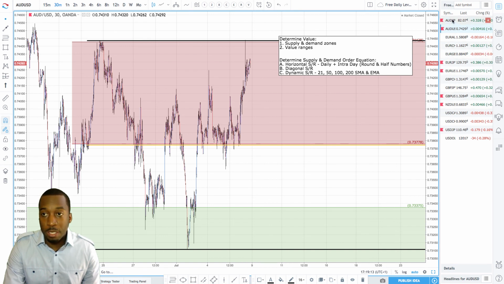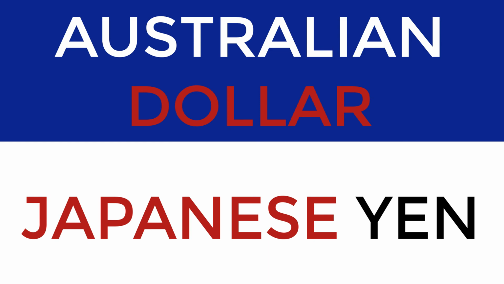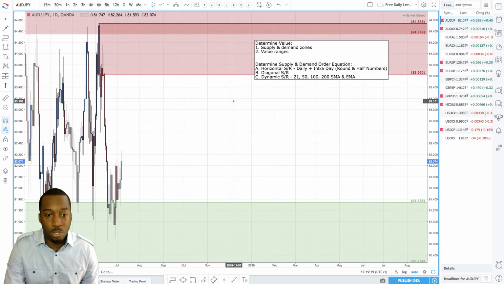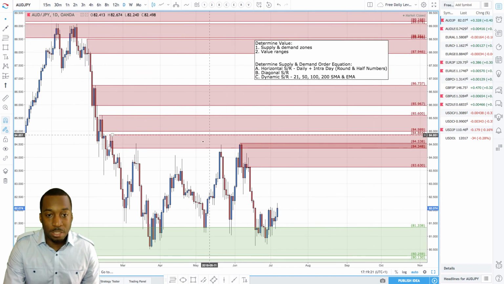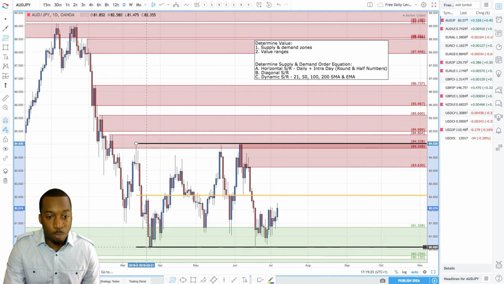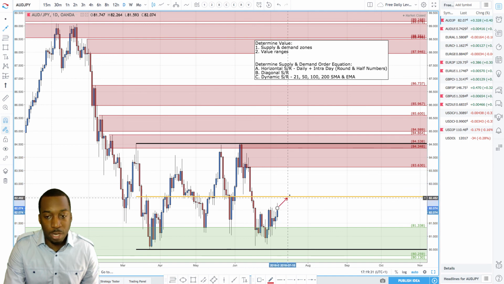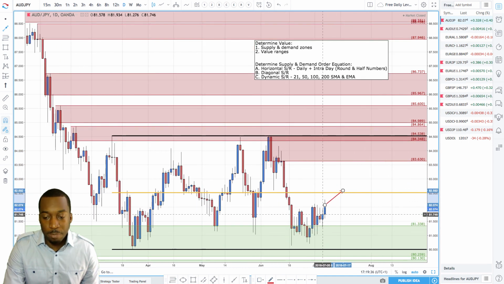Looking at the last pair, which is the Australian yen. Now the Australian yen, if we go back to the daily time frame chart, I was in this trade from last week and the week before, matter of fact, but with risk off, I don't really expect this price to move higher, so I took profit, bagged myself about 90 pips.